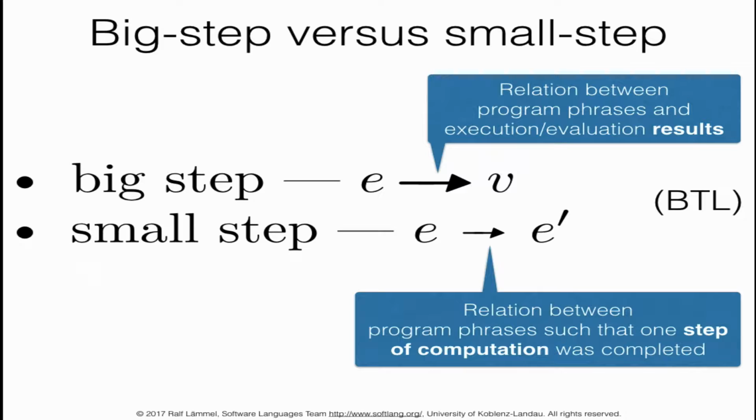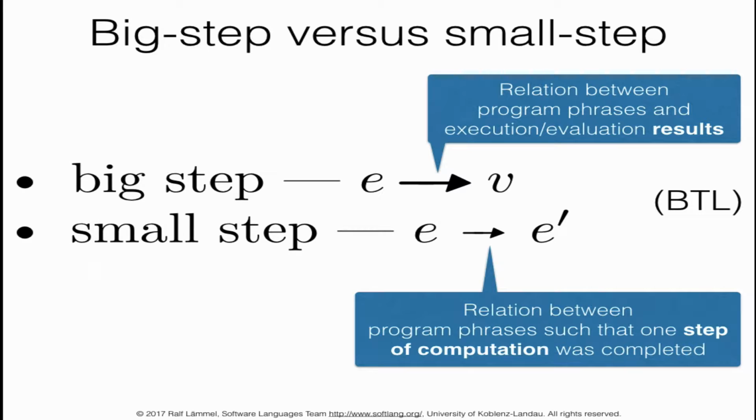So here's the major difference between big step versus small step operational semantics. In big step style, we really relate program phrases, such as BTL's expressions, to results, such as values in the case of BTL. In small step style, it's all about just making progress with execution or evaluation.